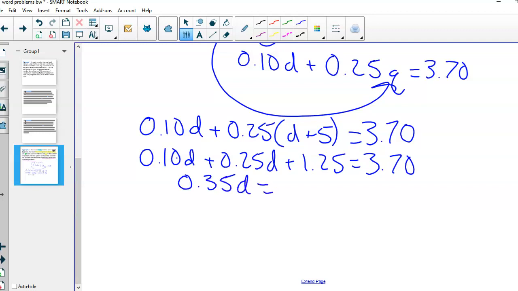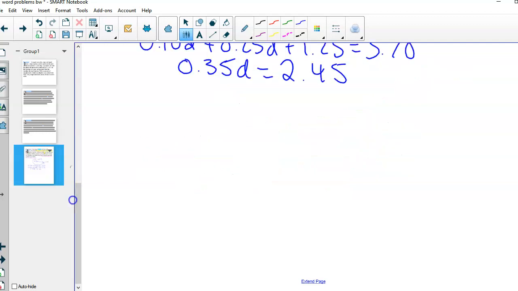And when we subtract 1.25 from 3.7, what is that? 2.45. So when we divide by 0.35, what is D?